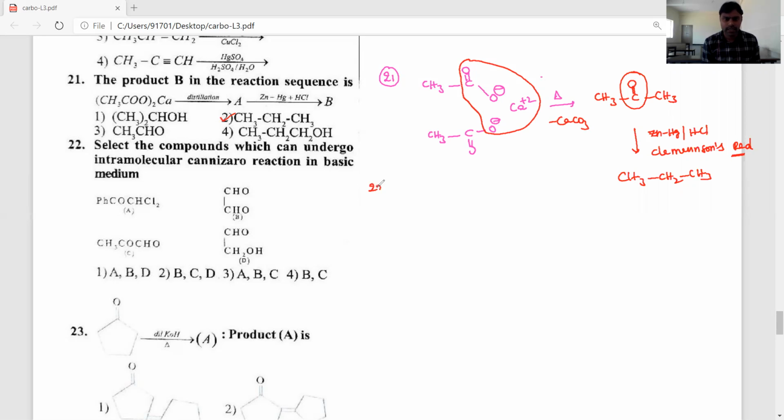Okay, let's see the 22 question, dear students. What is the 22 question? The 22 question is: select the compounds that undergo intramolecular Cannizzaro reaction. Intramolecular Cannizzaro reaction means both aldehyde groups, both carbonyl groups, are present in one molecule.